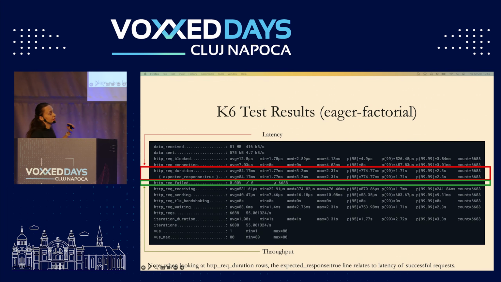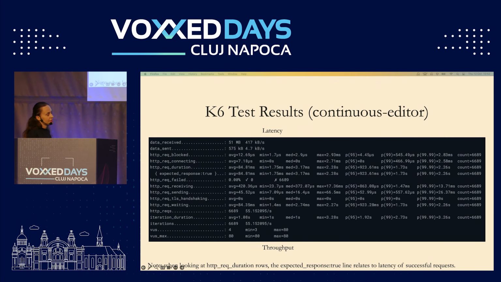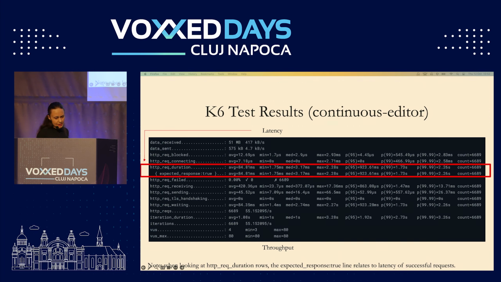This was for the eager factorial, my mathematical app, which was the CPU intensive one. The one that is file I/O intensive got similar results in terms of throughput, almost 6,689 requests, and similar request duration on average. And percentile 95 again is closing in on 1 second.